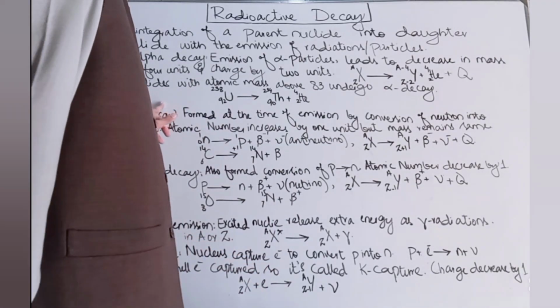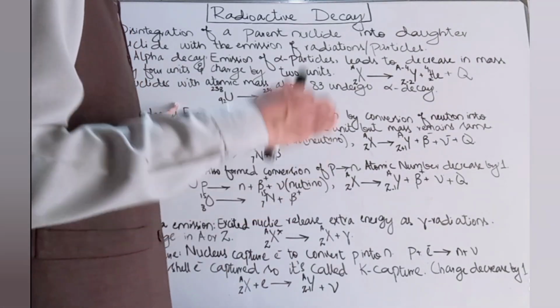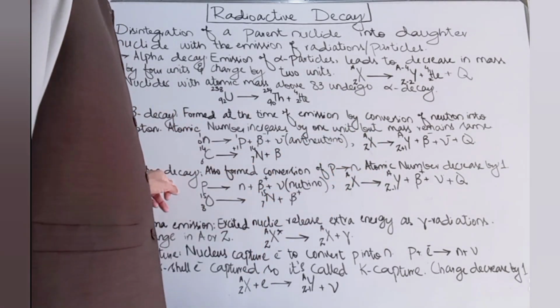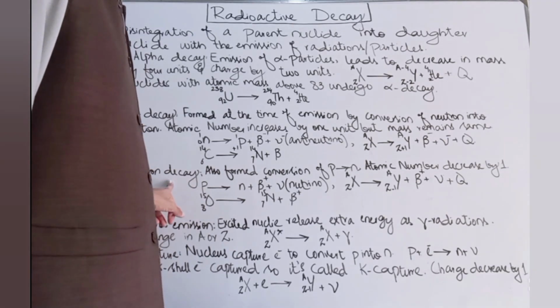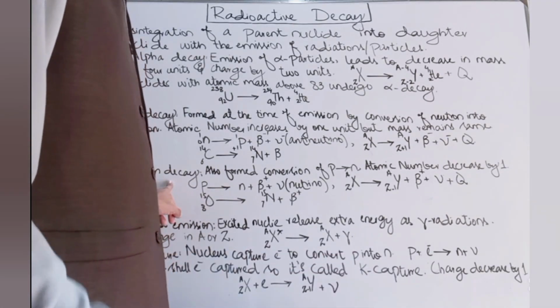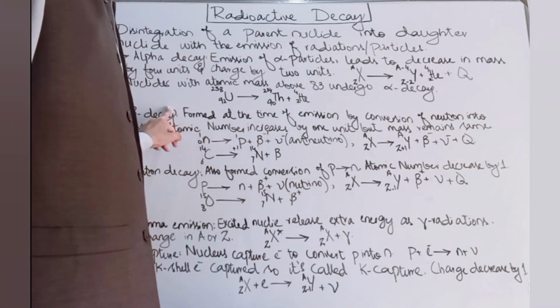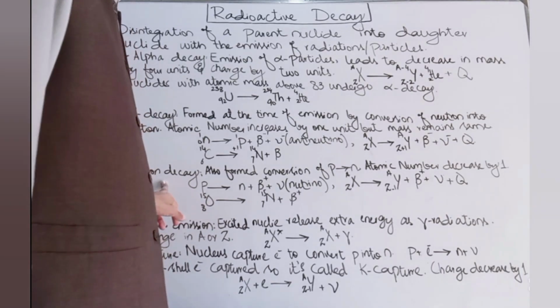During the beta decay, the charge increases by 1 unit, but the mass remains the same. During the positron decay, mass remains the same, but the charge decreases by 1 unit. Beta particles are produced at the time of emission. In the same way, positrons are also produced at the time of emission.